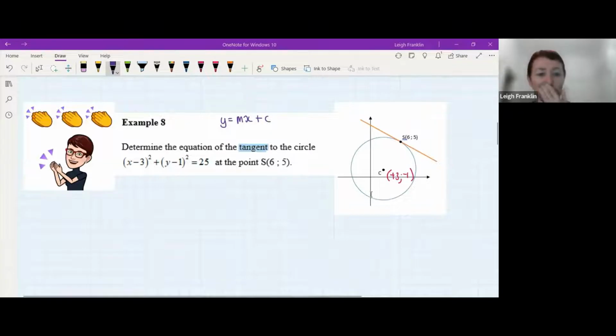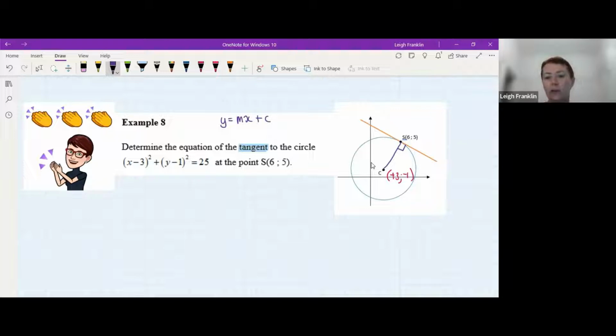Now first things first, if we want to work out the gradient of the tangent, we can draw a line from the center of the circle to the tangent, and we know that the purple line, the radius, is going to be perpendicular to the orange one.